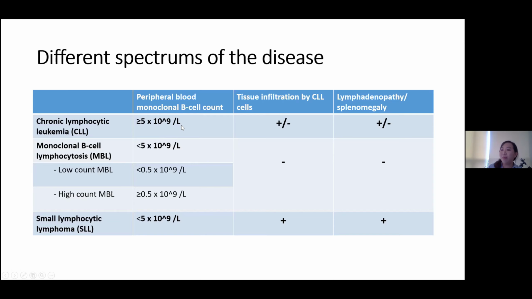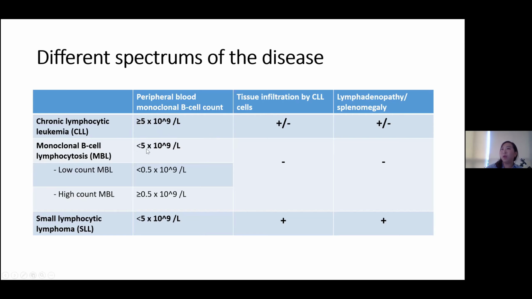And we derive that number from using flow cytometry to diagnose the disease, and count how many % of the B cells are malignant by flow cytometry, and then multiply that by the absolute number of the lymphocytes to get this number.